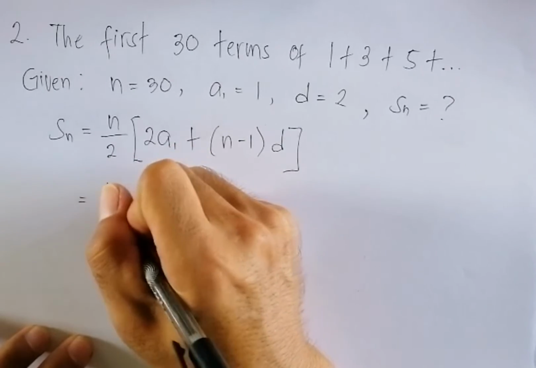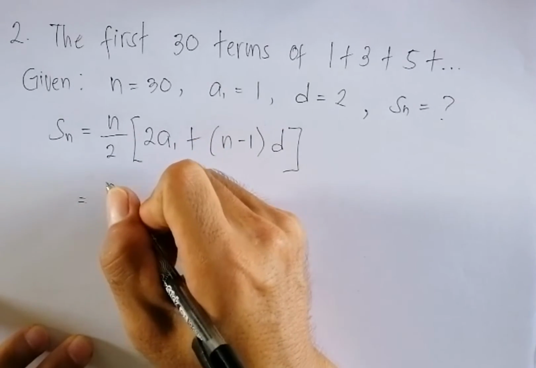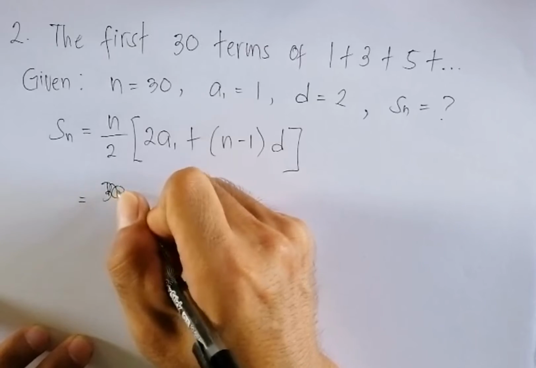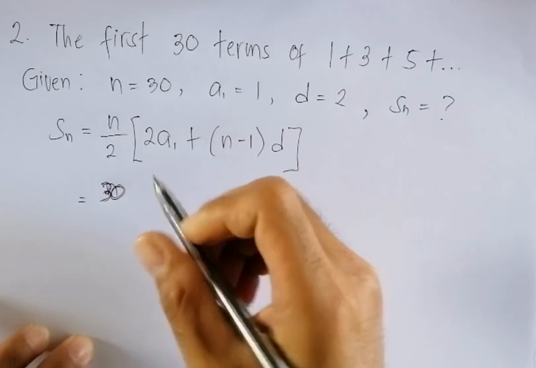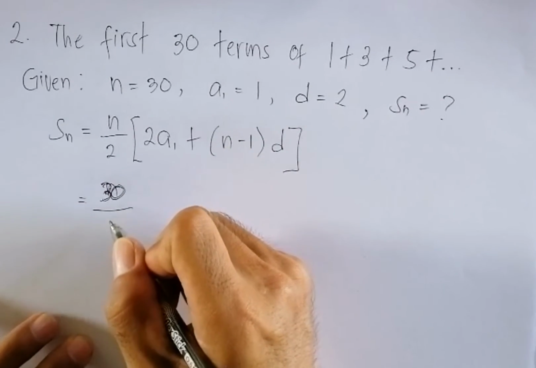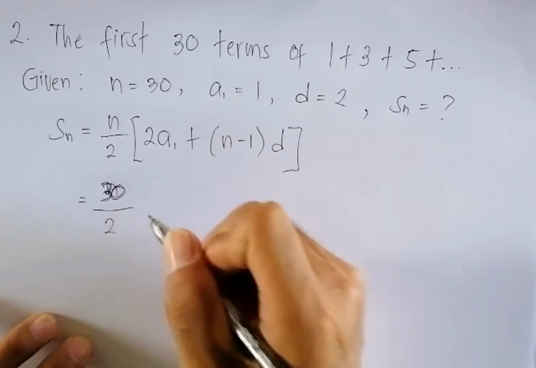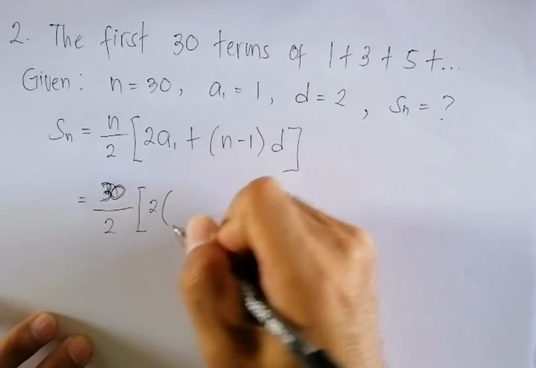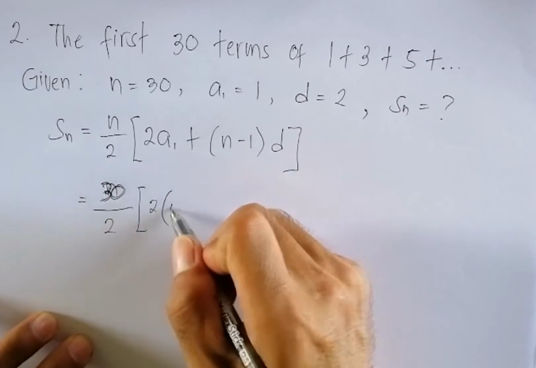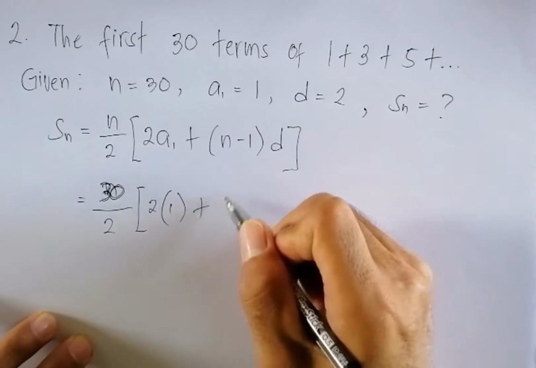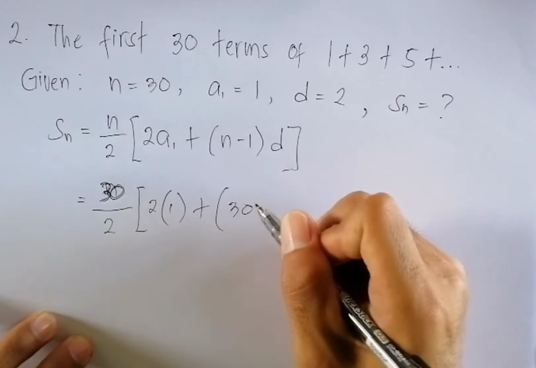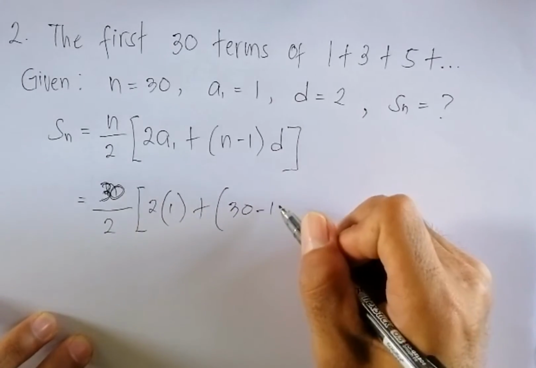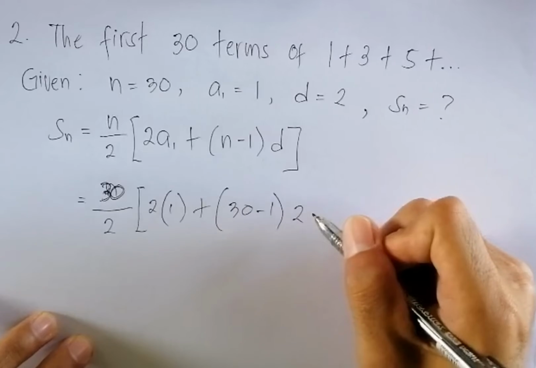So you have n is 30, that is 30 over 2 times 2 times the first term, which is 1, plus the value of n, 30 minus 1, then d is 2.